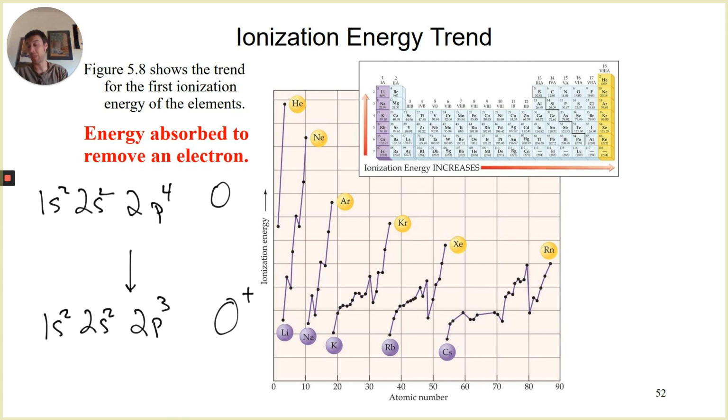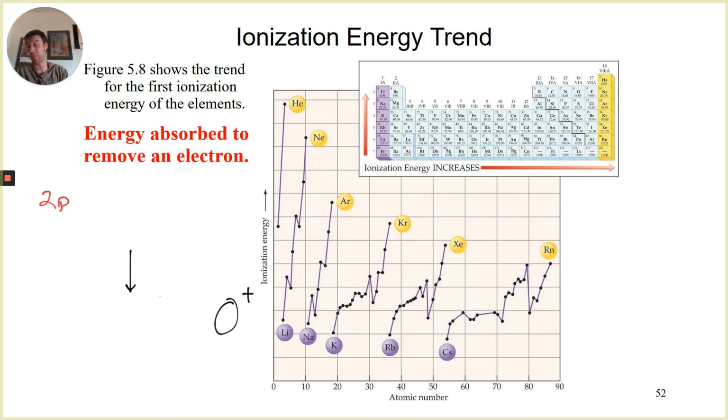That's what we're discussing. To give an extra huge hint, the last thing you should be doing when you evaluate this is recognize that I don't care about the core electrons, I really care about the outermost. So I'm talking about the 2p electrons. I have 1, 2, 3 2p orbitals.